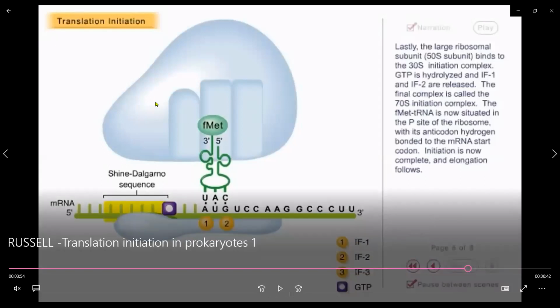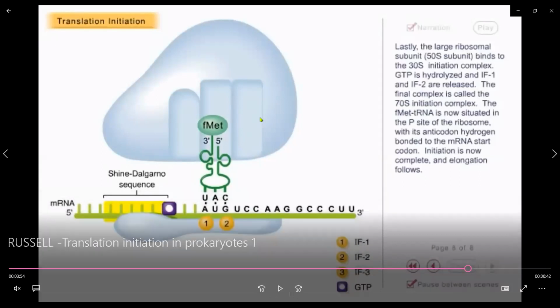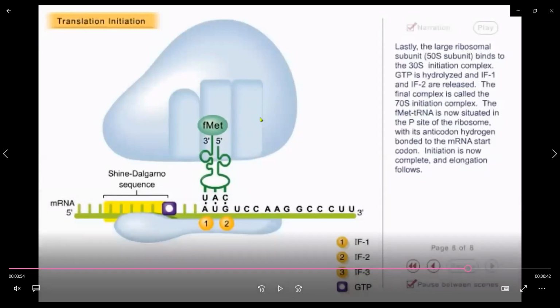The 50S large ribosomal subunit will now bind to the 30S initiation complex. And the moment this happens, as I said, there is a GTP bound. So the GTP is hydrolyzed and IF1 and IF2 are released. The final complex will be known as the 70S initiation complex.